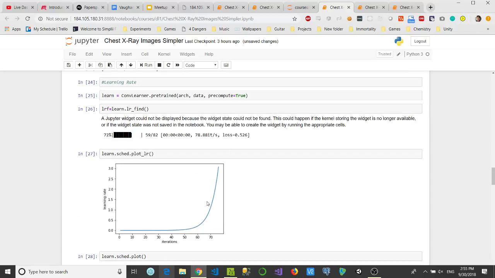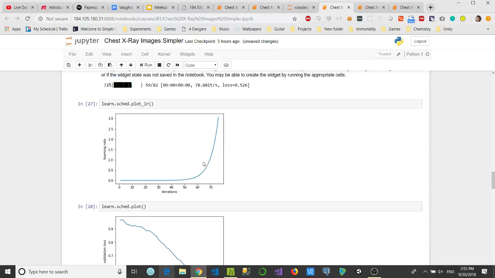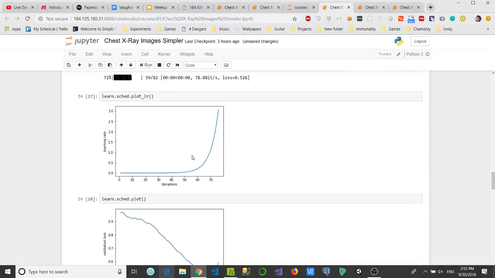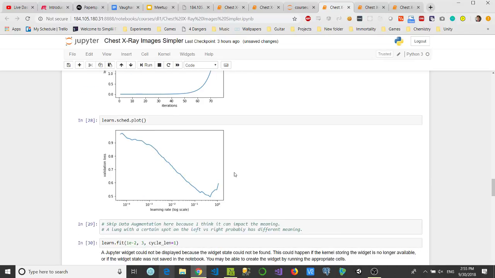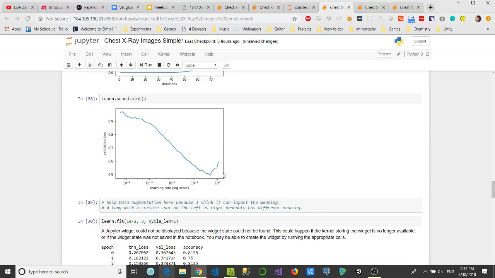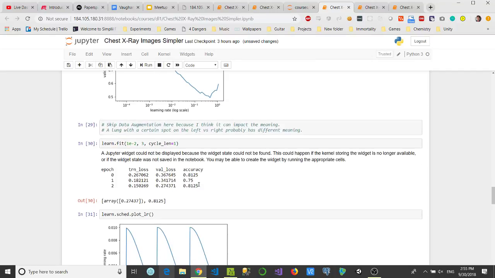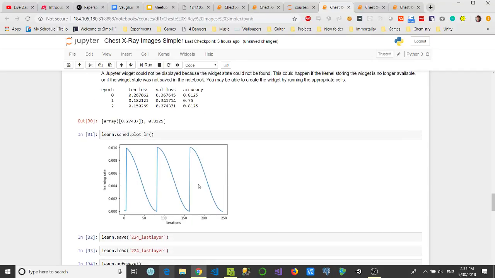But basically, this is where we're using the learning rate finder. It has a built-in learning rate finder, which runs a bunch of iterations and plots how the learning rate changes. You see here there's a kind of bump, so we probably want to take learning rates around here and use those, right?